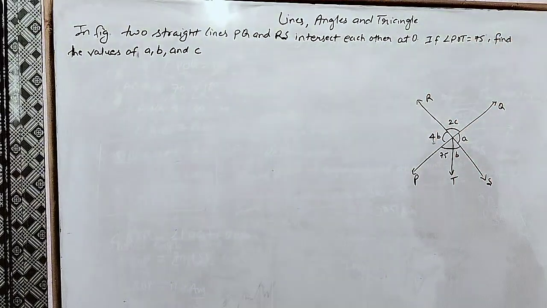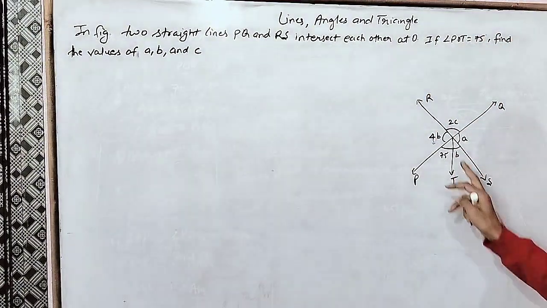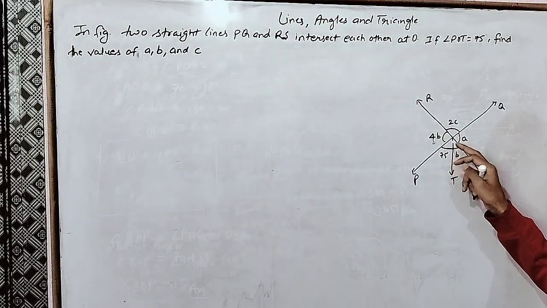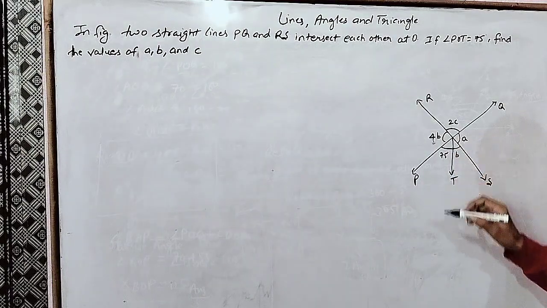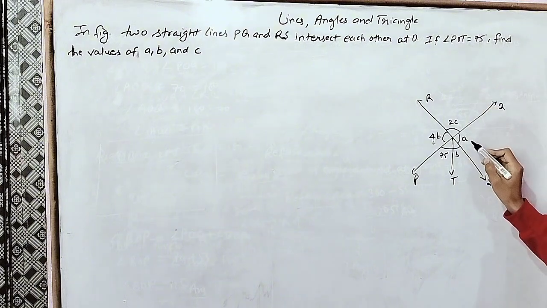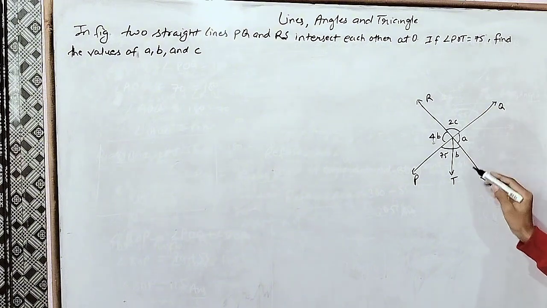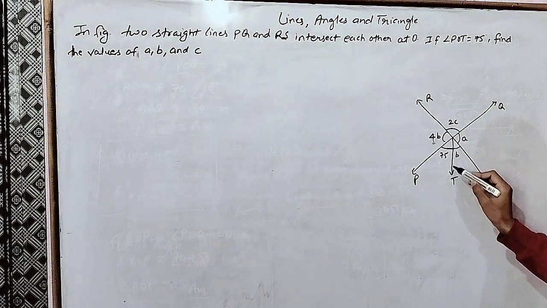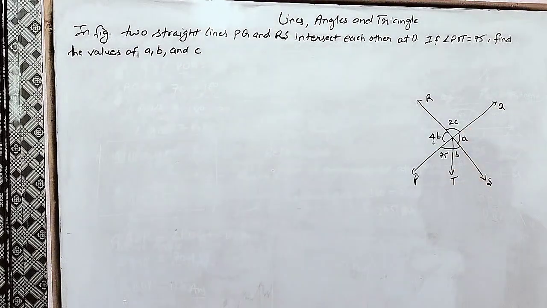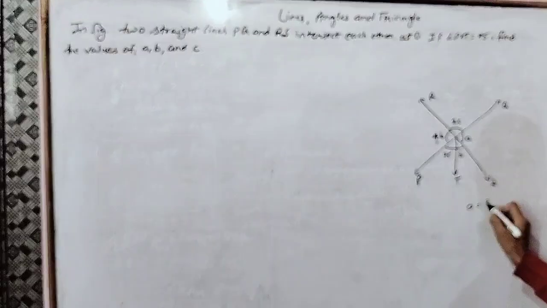Lines PQ and RS intersect each other at O. This is O. If the value of angle POT is 75, find out the value of A, B, and C. A is what? B is what?